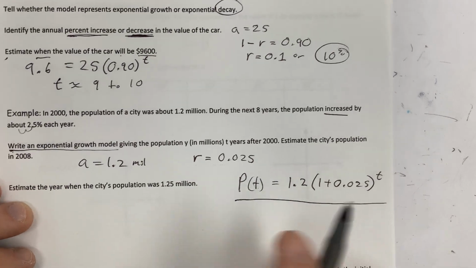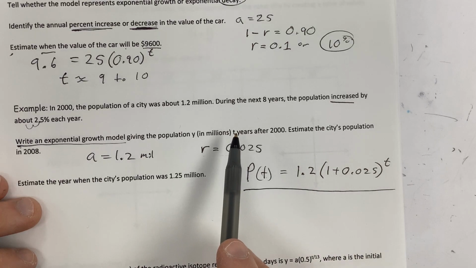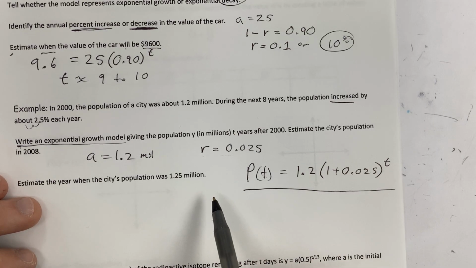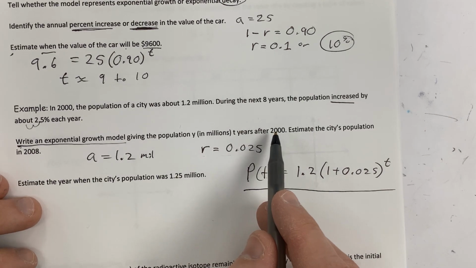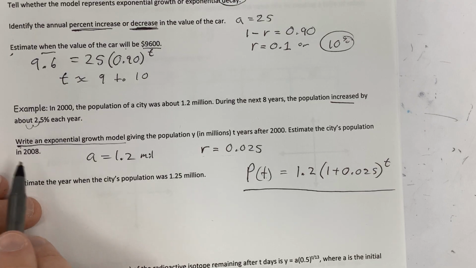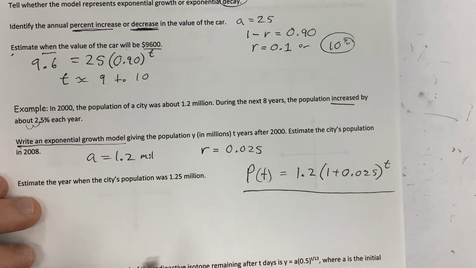So that is the model, which will give us the population t years after 2000 in this case. And now they want us to use it to estimate the city's population in 2008. So this is t years after 2000. So we're not going to plug in 2008 to t. We're going to plug in the difference between 2008 and 2000, which is 8.